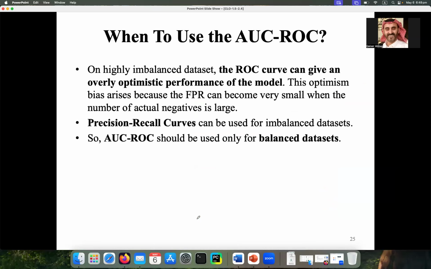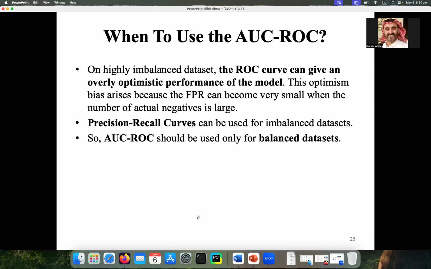Now, the question is, when do we have to use this auc-roc? What are the situations where I have to use it? If your data is imbalanced, then you should not use auc-roc. Because if your data is imbalanced, it is quite possible that you have many points which are false for that class, but your model will predict them positive.